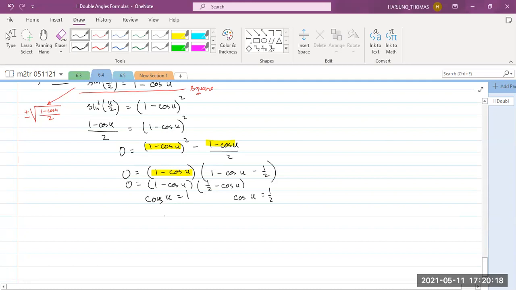Cosine u equals 1 means u equals 0. Cosine u equals 1/2 means u equals pi over 3, or in quadrant 4, 5 pi over 3. But remember earlier we squared both sides, so we need to check the solution against the original equation. Check.